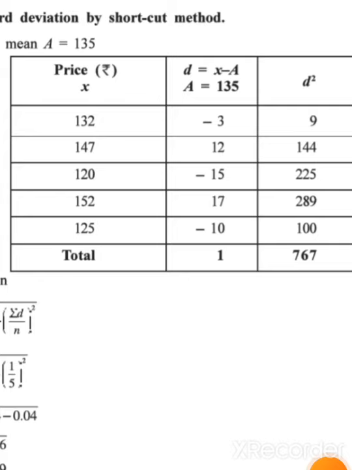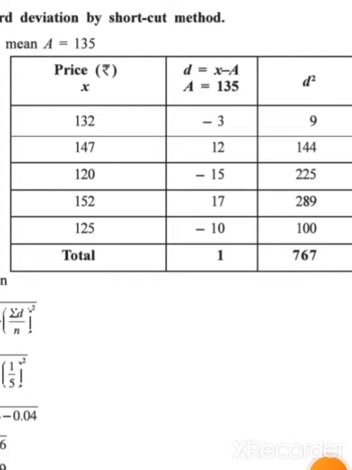To find out the deviation, we know that we need to have the assumed mean, right? And how do we take the assumed mean? Assumed mean should be such a value around which all the other observations are revolving.